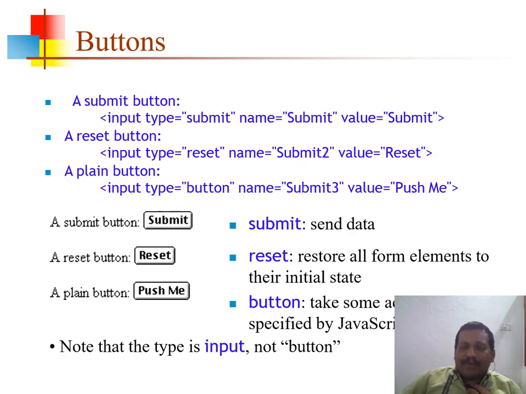Whatever value the user gives, when you click any button like submit, reset, or any user-defined named button, it can be used to send the data to the server either for processing or to store the information.